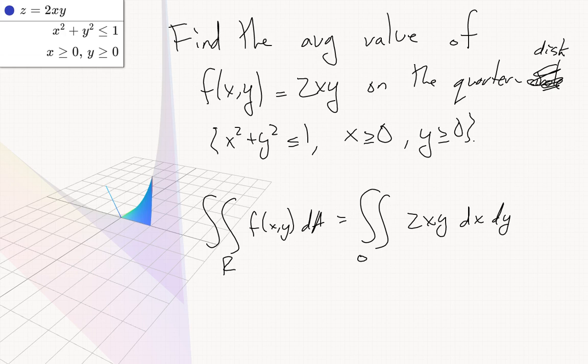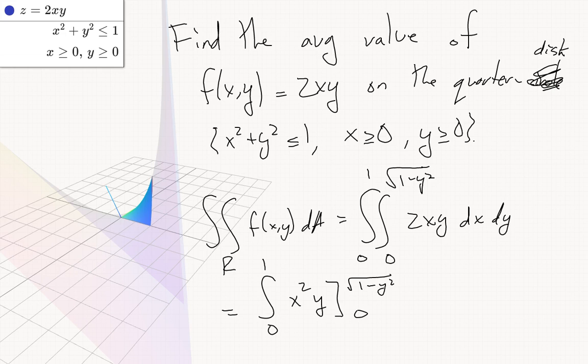So let's say y goes from 0 to 1, and then x will go from 0 to root 1 minus y squared. Okay, so that's the integral from 0 to 1 of x squared y, and then we evaluate. So we plug in for x, root 1 minus y squared, and 0.